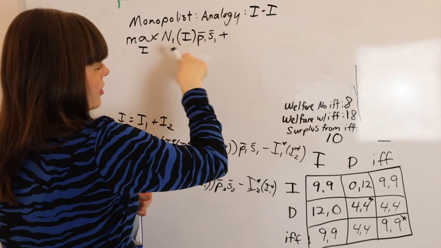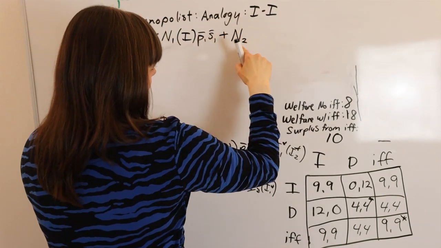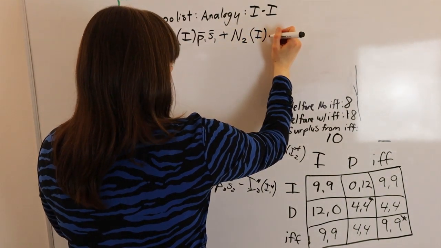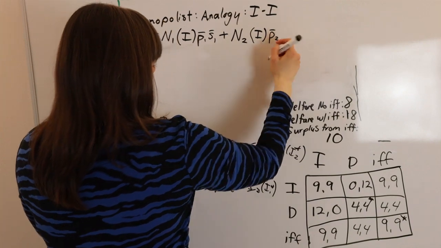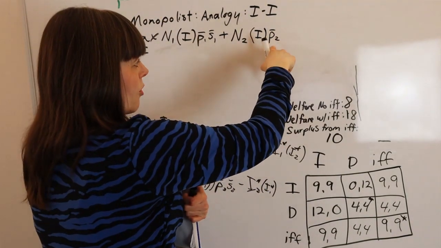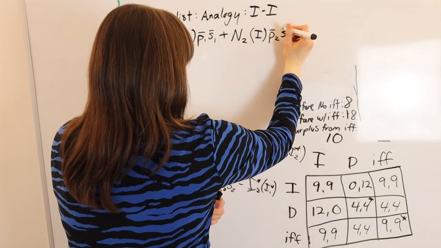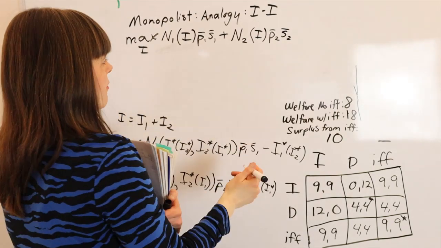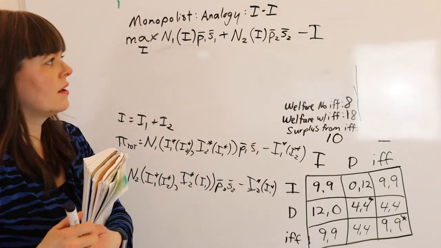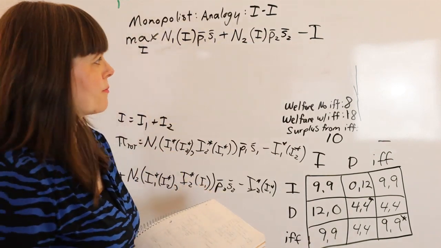This is total revenue for firm 1 plus total revenue for firm 2, which is the number of users from firm 2 as a function of the total investment times the price per transaction for firm 2's users times the percentage of transactions that are saleable for firm 2 minus the investment. So this is the total welfare among both firms.